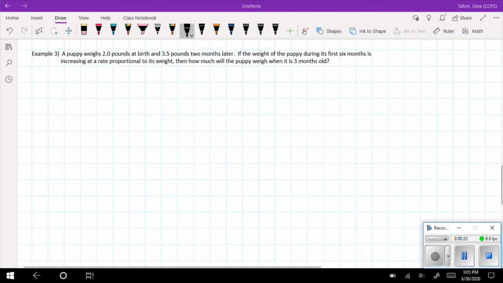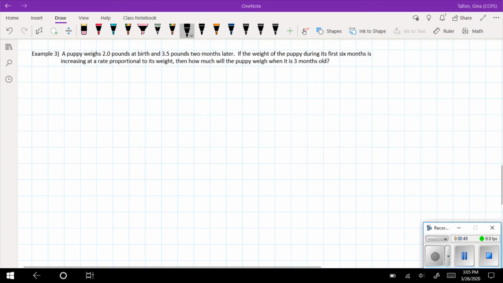So it looks like the first sentence is giving me some kind of measurements here that pair up with each other. So the puppy's going to weigh 2 pounds at birth, so that's like an initial condition. At t equals 0, the weight of the puppy is 2 pounds, and 3.5 pounds 2 months later. So when t equals 2 months, the weight of the puppy is 3.5 pounds. That's what I'm reading from that.